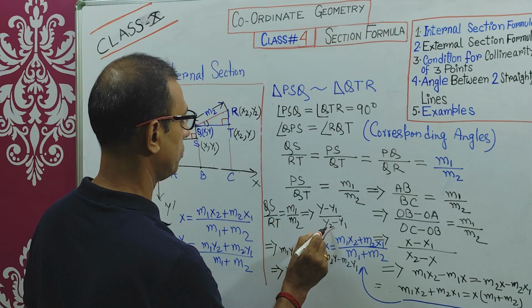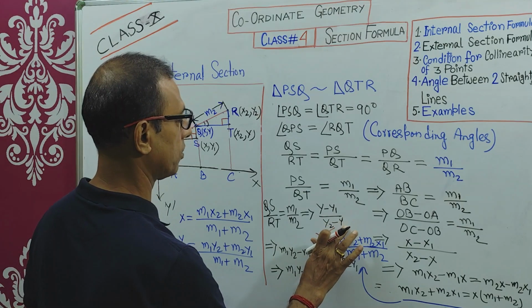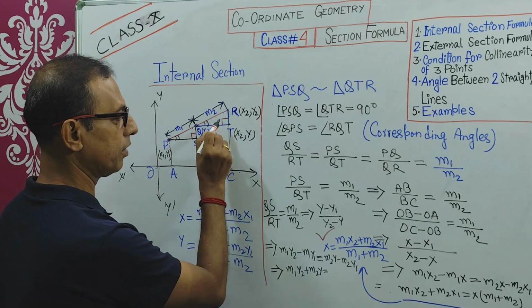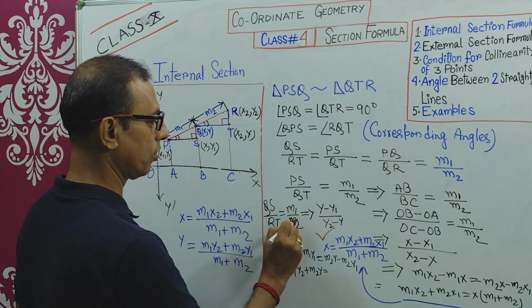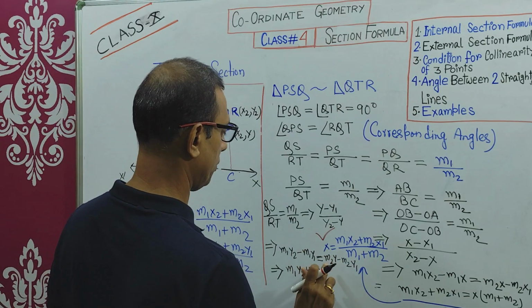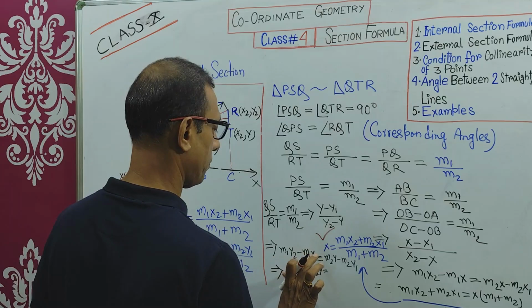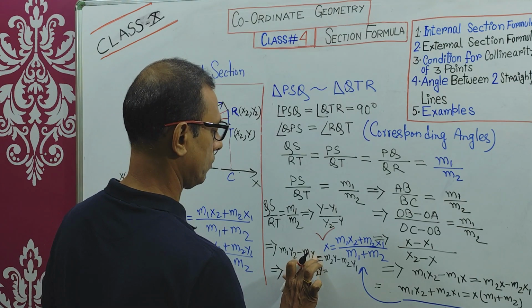Sorry, it will be y2 minus y, because RT equals y2 minus y, not y1. So therefore it will be M1 y2 minus M1 y.